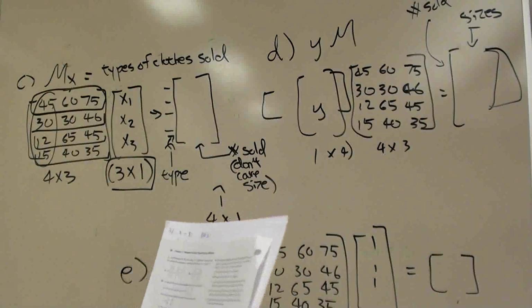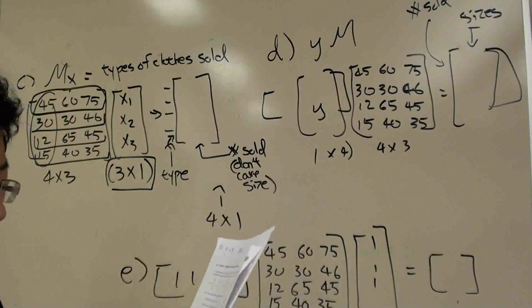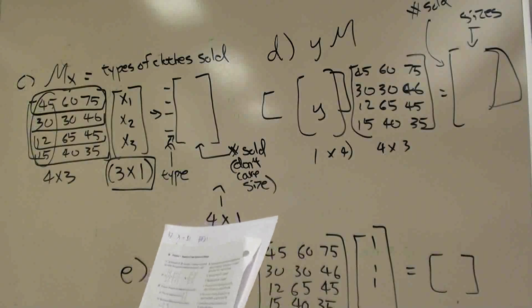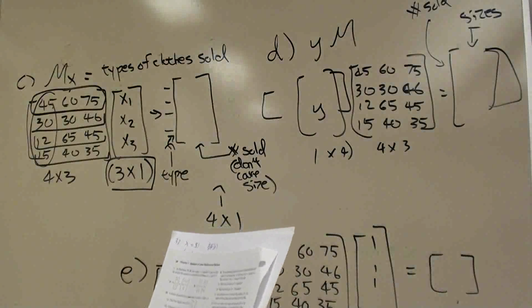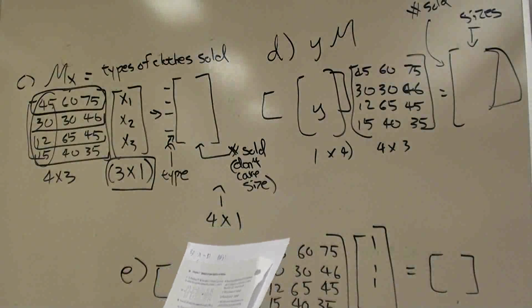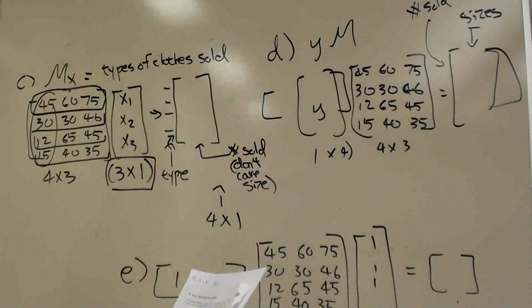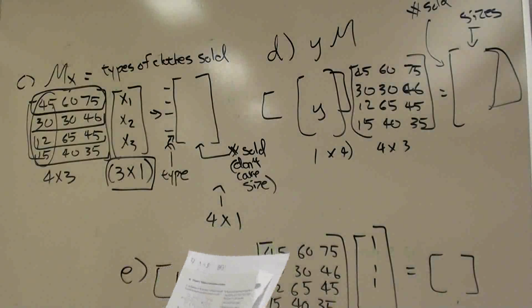So if you do May plus June, that's a total. So there were 45 plus 30, because small shirts sold in June is 30, right? So 30 plus 45 will be 75. So there's 75 small shirts sold in May and June, and vice versa, right? And B will be the same thing.